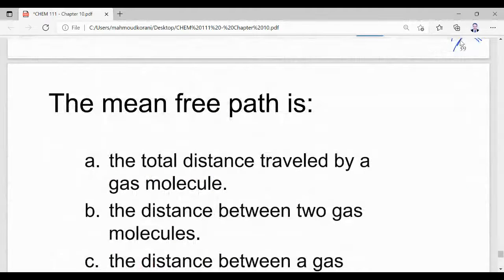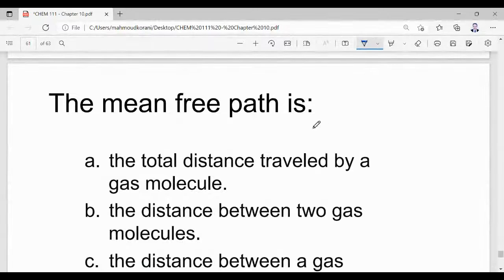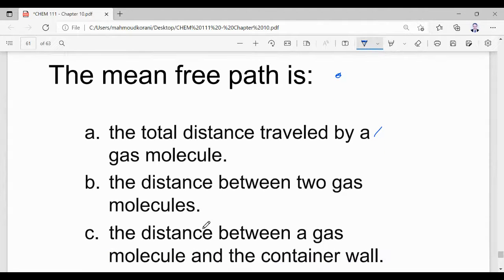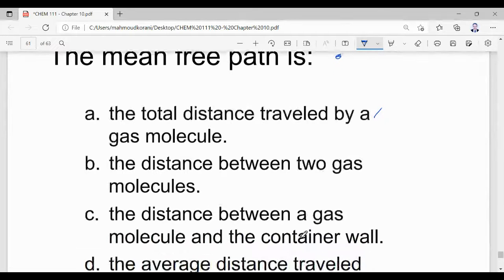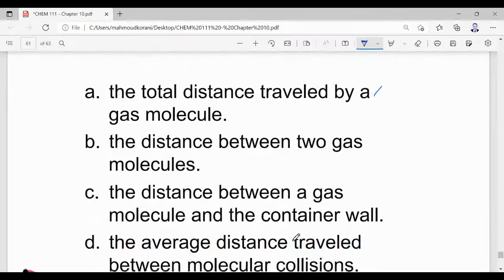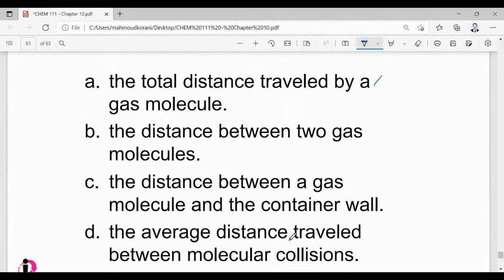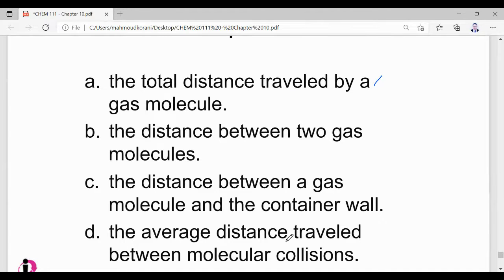The mean free path, I told you, is the distance between the starting point and the total distance traveled by the gas molecule. No, the distance between two gas molecules. No. It's the average distance traveled between molecular collisions.